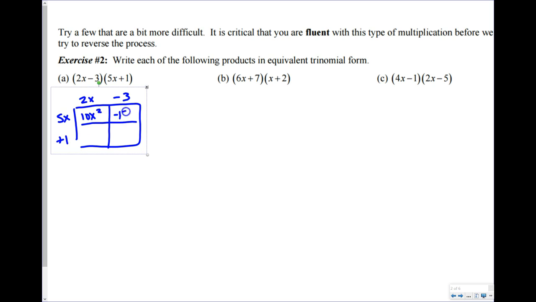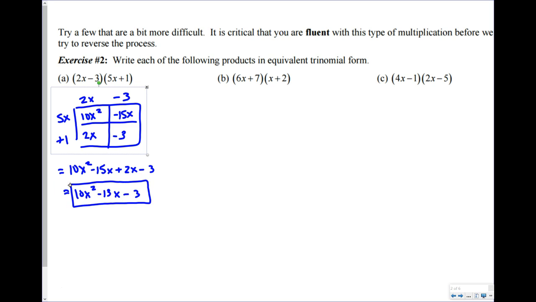We've been doing this long enough now that you should be able to do this multiplication by yourself. So I'm multiplying 2x times 1 is 2x, negative 3 times 1 is negative 3. I put them all together, 10x squared minus 15x plus 2x minus 3, and I get 10x squared minus 13x minus 3. So go ahead and pause now and try B and C on your own.